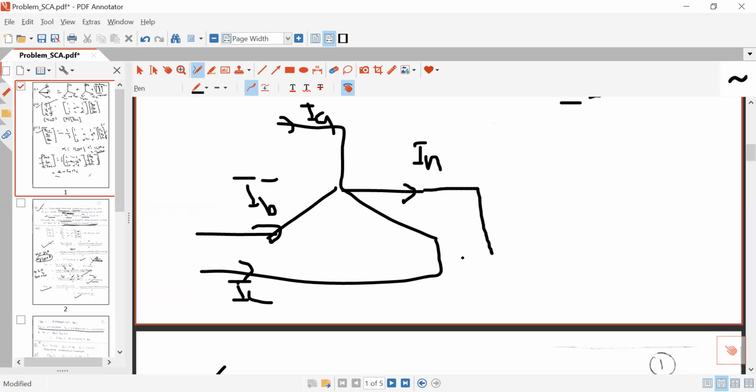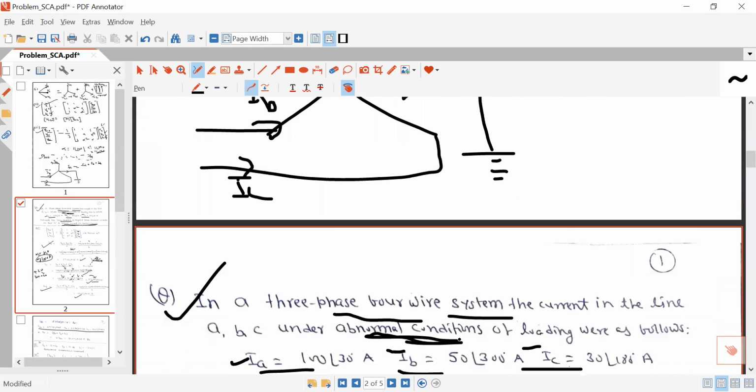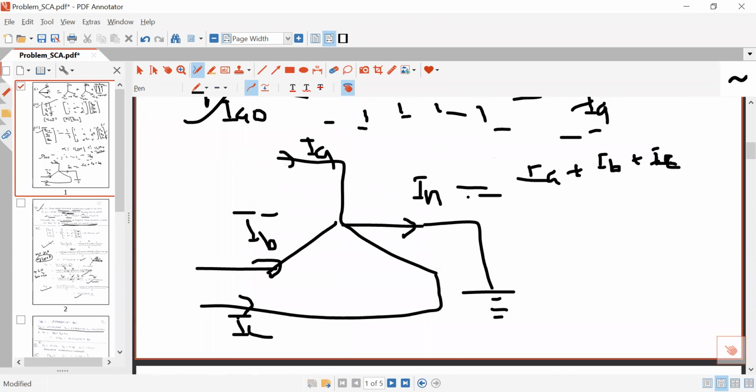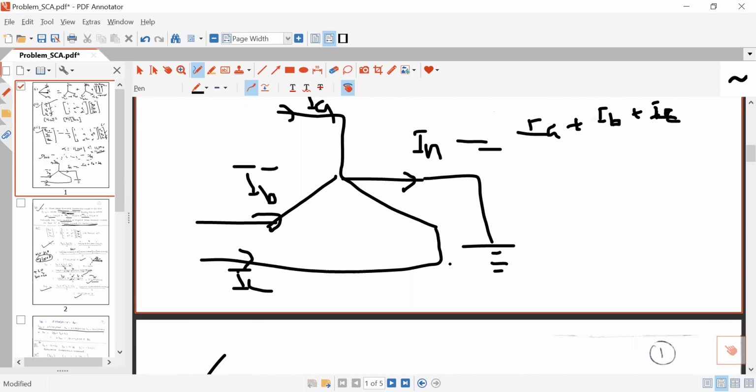So this neutral current in the neutral conductor, according to Kirchhoff's current law, is IA plus IB plus IC. IA, IB, IC are given here, so just by adding these three, you can get the value of current in the neutral conductor.